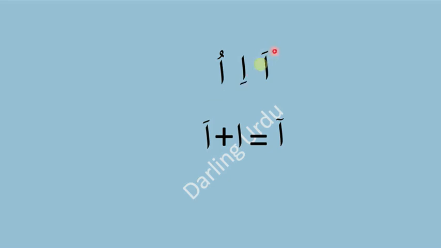This symbol is zabar, this zer, and this pesh. So you can see these are different sounds associated with the letter alif. They are not separate letters, but rather they are all considered only one alif.